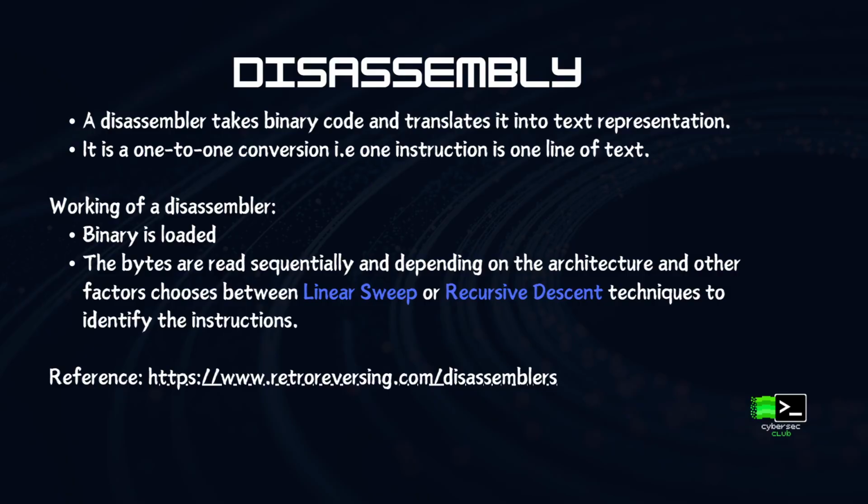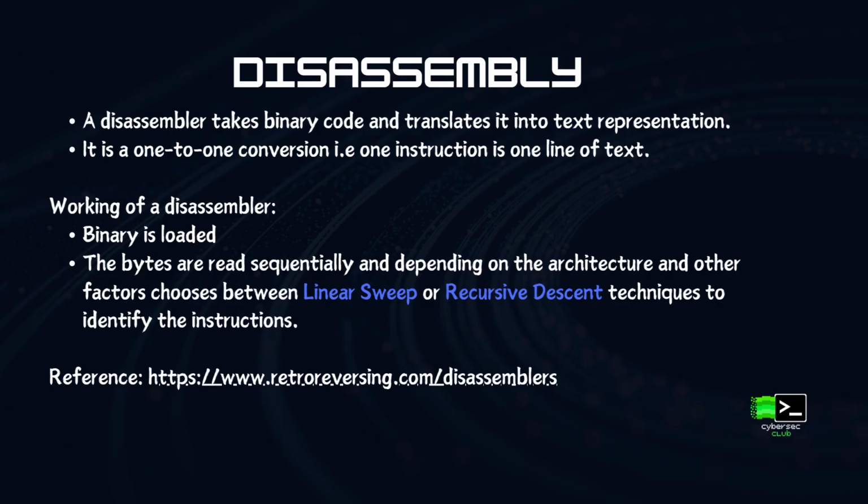I have just put these terms here so that maybe you can look into them later. I have referenced this link here, which is a very good article or resource which you can read about this. Basically, linear sweep and recursive descent are techniques used to identify the instructions.